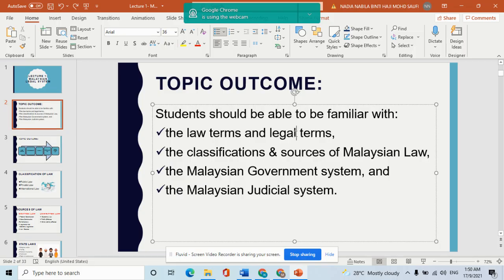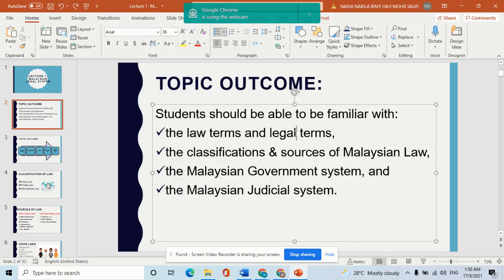Next is the Malaysian judicial system. Because this is a law subject, you must have knowledge of the legal system of Malaysia and the hierarchy of the courts in Malaysia. Why? As an example, if I give you a problem statement or a case study, you will have to answer in a way that directs me to which suitable layer of court I need to bring my case to.